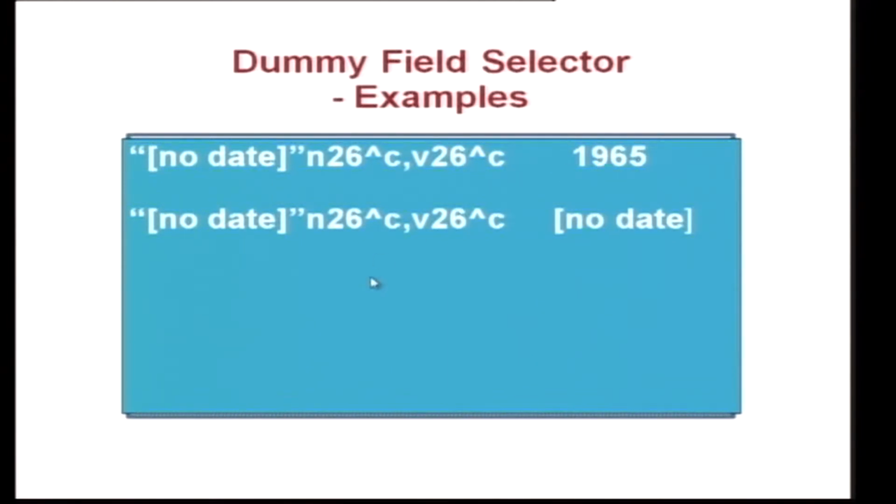But in the next record, where there is no content in subfield C of V26, it will display no date, because it will find that 26 subfield C is absent in that particular record. So, it will display no date, and as the content of V26 is blank, nothing will be displayed after.